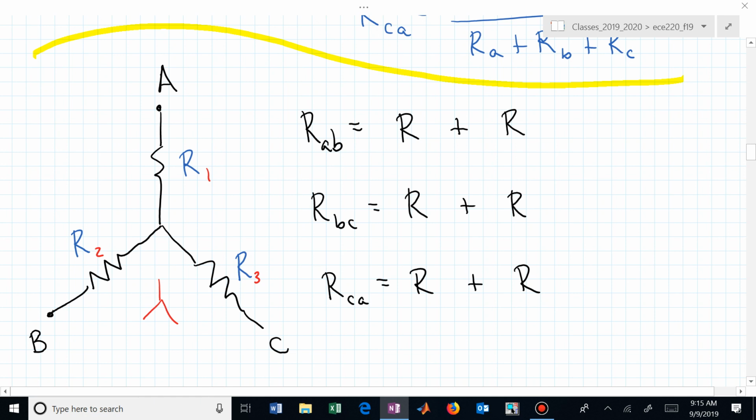And now R sub AB, since R sub 3 is infinite, is R sub 1 plus R sub 2. R sub BC is R sub 2 plus R sub 3, and R sub CA is R sub 3 plus R sub 1.